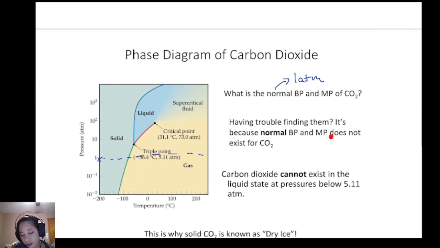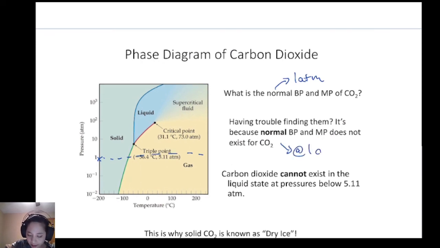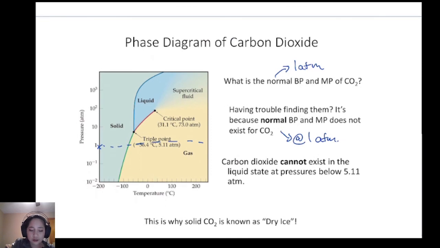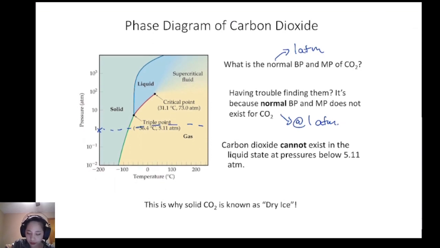It's because the normal boiling point and melting point for CO2 do not exist. Normal, again, meaning at 1 atm. Think about dry ice. Have you ever seen dry ice or bought dry ice? If you buy it, you have a solid block of dry ice, and then eventually it disappears because it becomes a gas and it leaves nothing behind. Dry ice is solid CO2. So this makes sense.